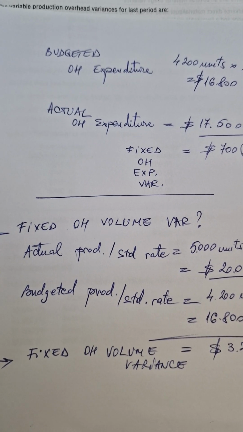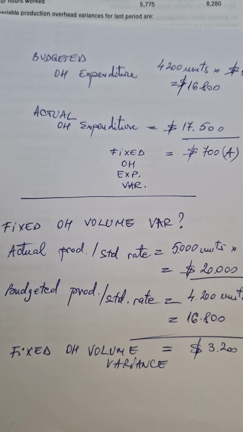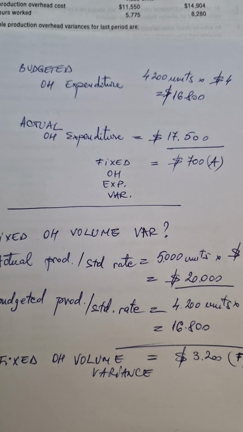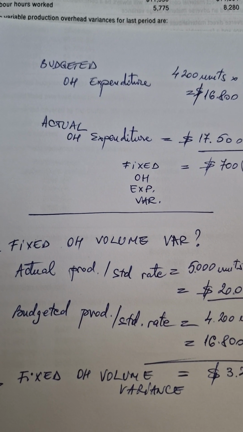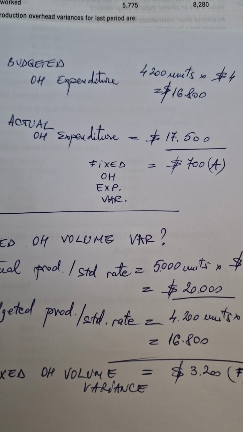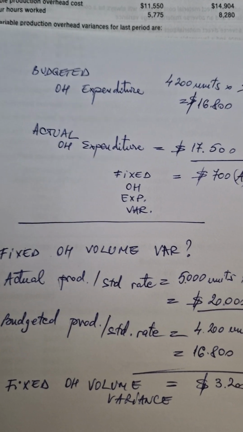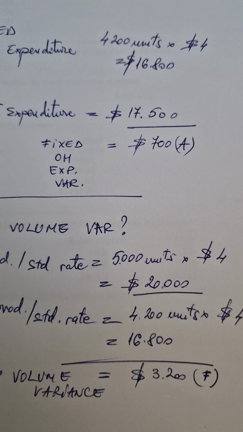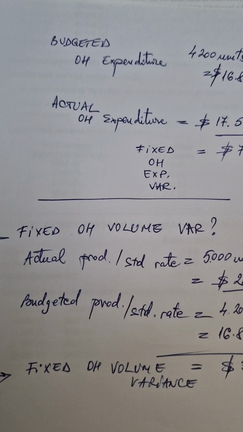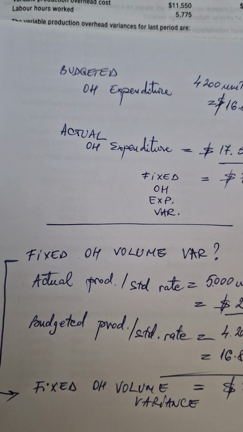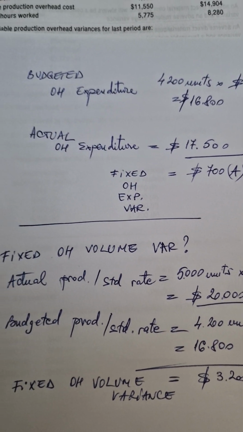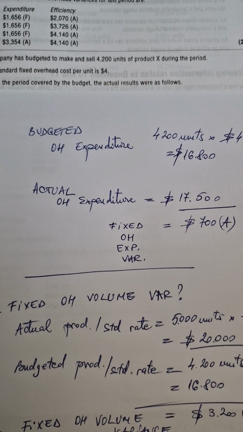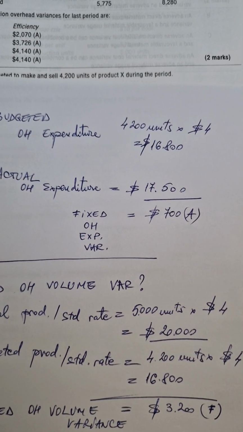So the actual is higher and the budgeted is less. So we have a fixed overhead volume variance of $3,200 favorable. The fixed overhead volume variance is favorable, and the fixed overhead expenditure variance is adverse.